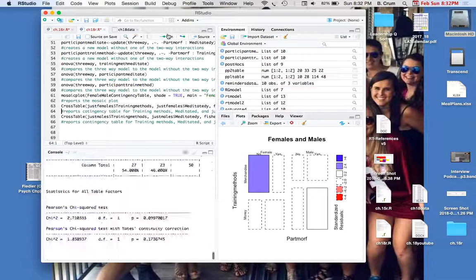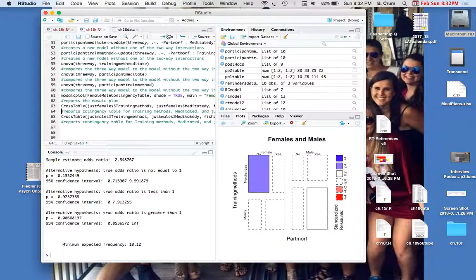Effect sizes are reported in terms of odds ratios, which are easiest to understand for 2x2 contingency tables. In my report, I reported the odds ratio before, but now we can report it for males and females respectively.